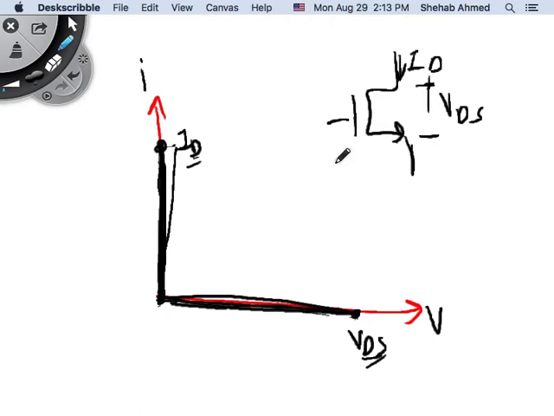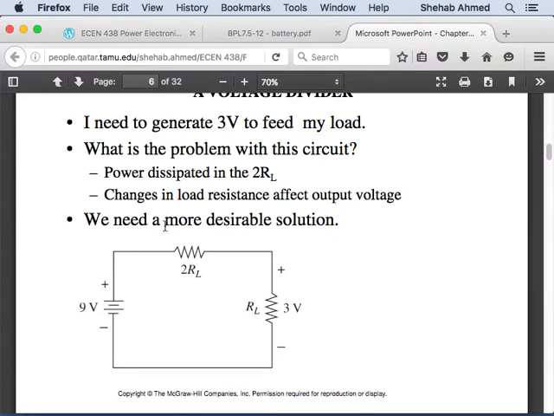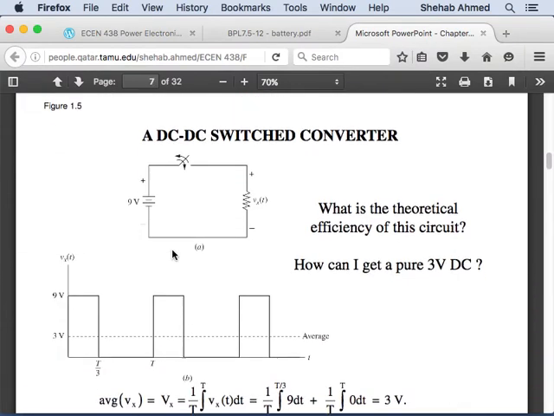So if I find a way to make this device create different voltages and operate it in this fashion, then I'm good. I'm so much better than what we were doing with the linear regulators and stuff like that, right? Because now I have an ideal switch that has no power loss across it at all. Yeah, so that's the objective here. If we're able to do that, then we're good.